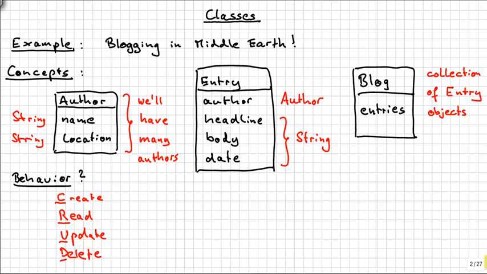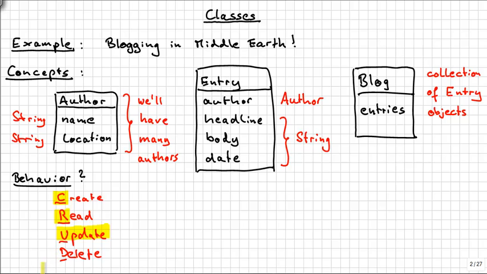And the classical key operations are how to create objects of a particular class or data instances within the instances of a class, how to read the objects, how to access objects and read their attributes, how to update objects and their attributes, and how to delete them.